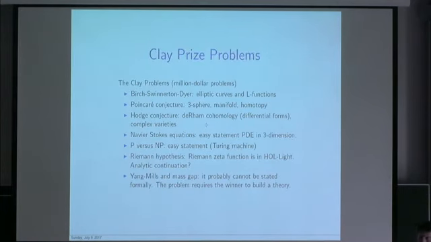Let me talk a little bit about the Clay prize problems. So there are 7 problems here, and we want to just write them down in a formal way. Some of them are, I think, quite easy to write down, even if they're hard to solve, like the Riemann hypothesis. We just need to say what the Riemann zeta function is.